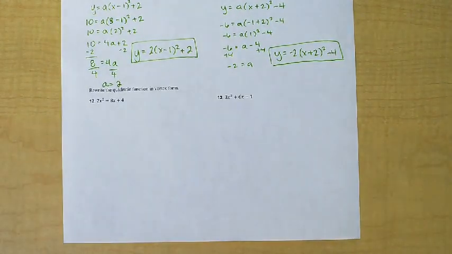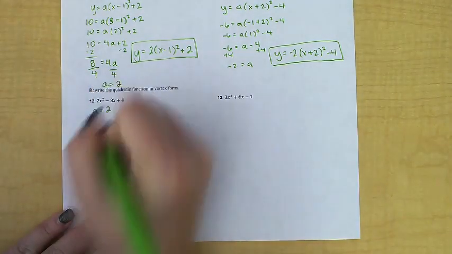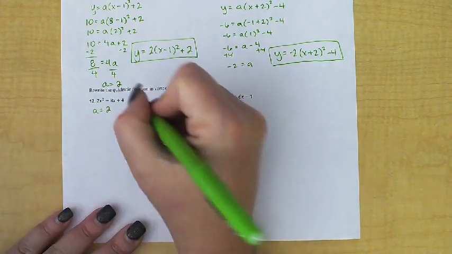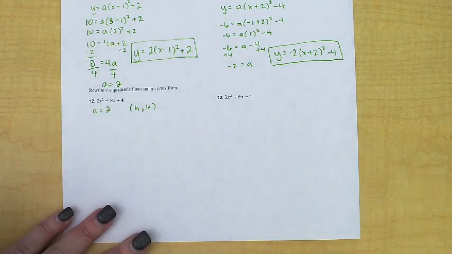Okay, let's go one more step. Let's take our standard form and rewrite that in vertex form. Well, right now what we know is a, and a equals 2. What we're looking for is h and k.